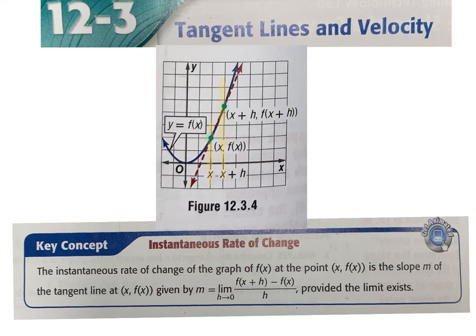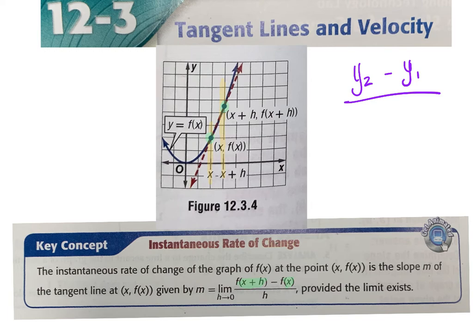My y value here is going to be f of x plus h, however far I moved. I'm at a new x, all right? They've taken my y value at my new x, subtracted my y value of my original x. So they've taken my second y value and subtracted my first y value. And they have it over h.